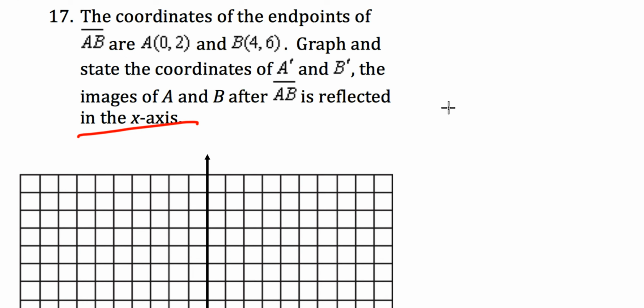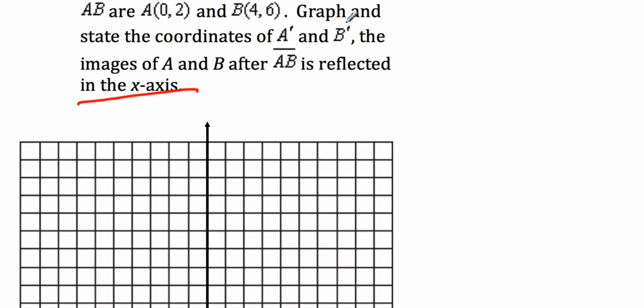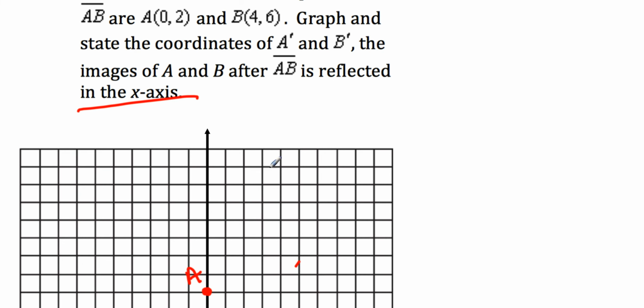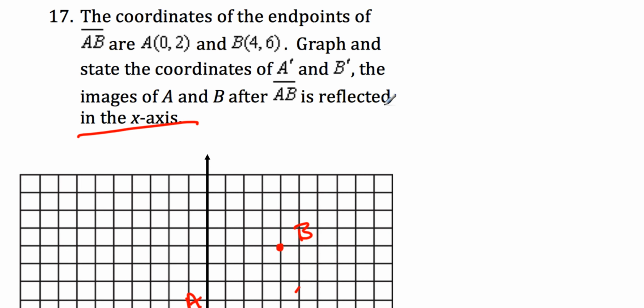Alrighty, so here we get 0 comma 2. That's A, and then it's 4 comma 6. So A and B.